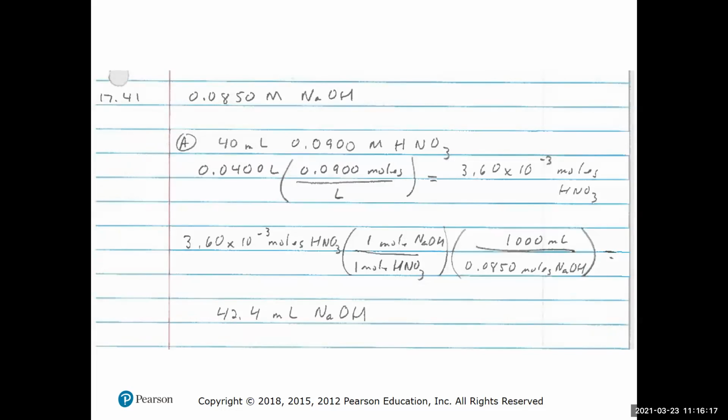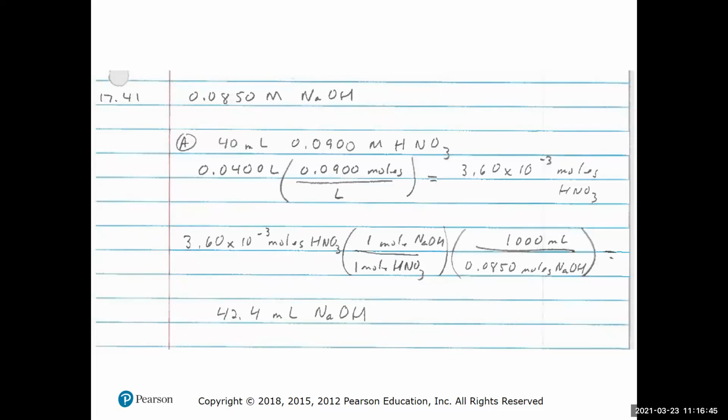And the first one is 40 mils of 0.09 molar nitric acid. Okay, so we want to know how much base we have to add to get it to the equivalence point. Sodium hydroxide is a strong base, nitric acid is a strong acid. So we're going to have one of the equivalence pH 7 type titration curves.